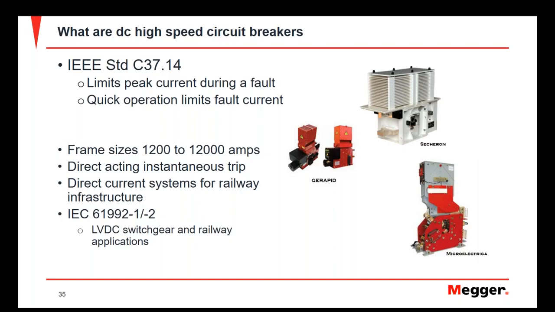Now, these breakers are typically found in frame sizes between 1200 to 12,000 amps. They have a direct acting instantaneous trip element, and the standards that govern these breakers are IEC 61992-1 and -2, or IEEE standard C37.14 for DC breakers.